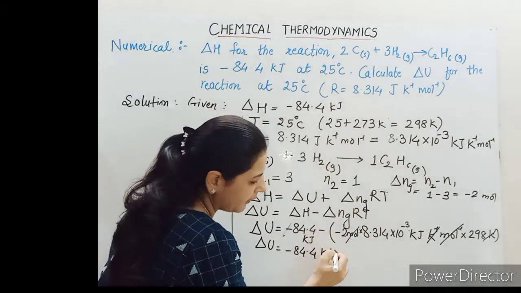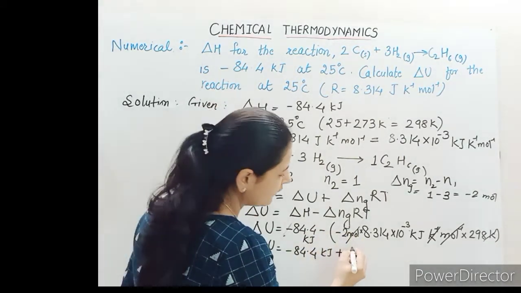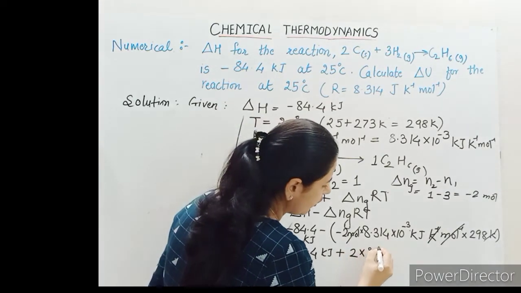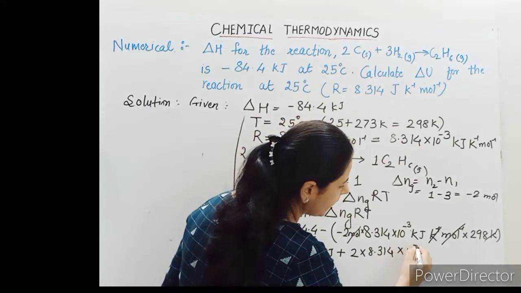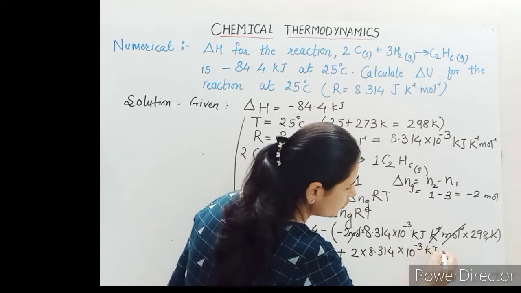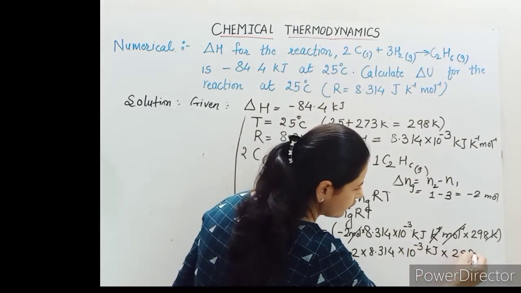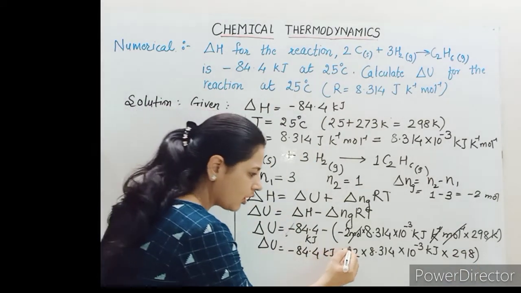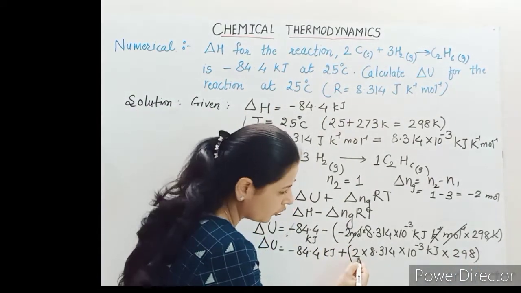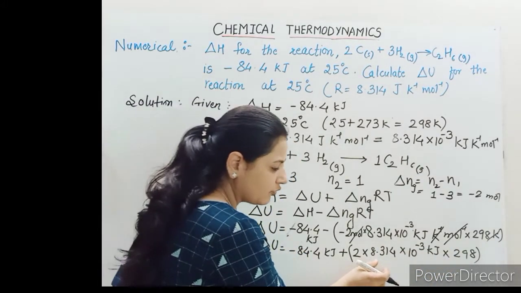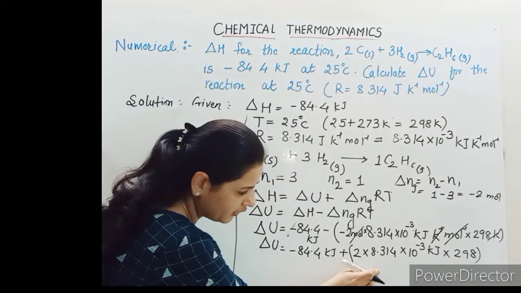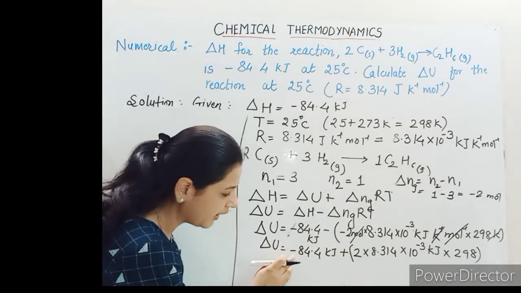This minus and minus will become plus 2 into 8.314 into 10 raised to the power minus 3 kilojoules into 298. Now we have to find the answer for 2 into 8.314 into 298 and then subtract it from minus 84.4.